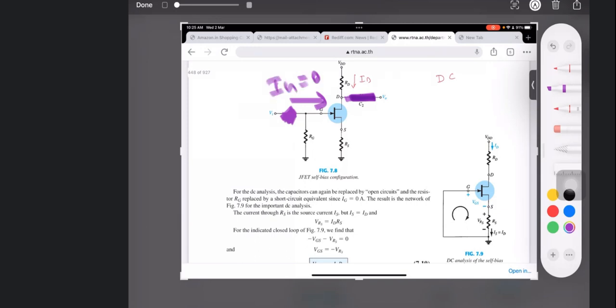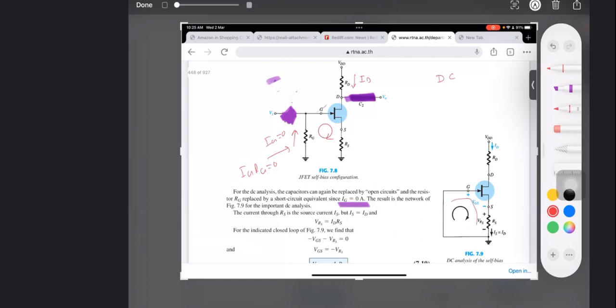We know that is equal to 0. Okay. So IG is 0 if you see. So what we are left with is this now. So if this is 0, you can see this IG current is 0. So IGRG should be how much? 0.